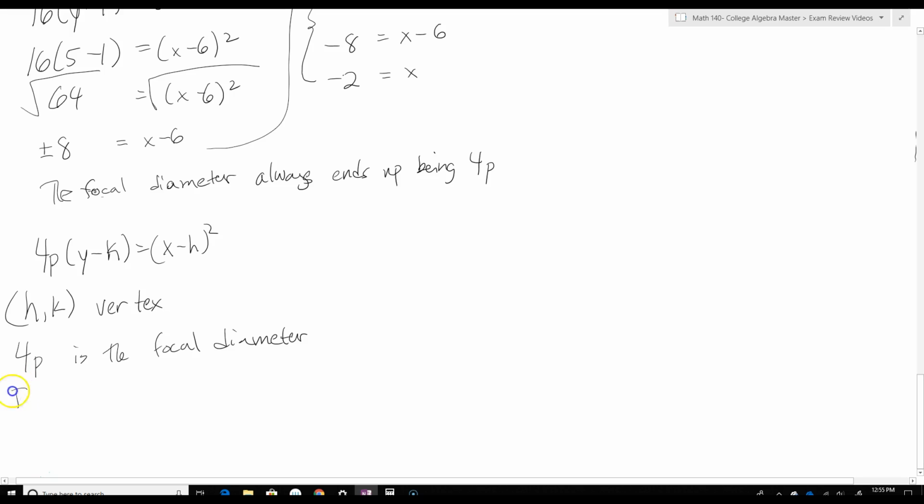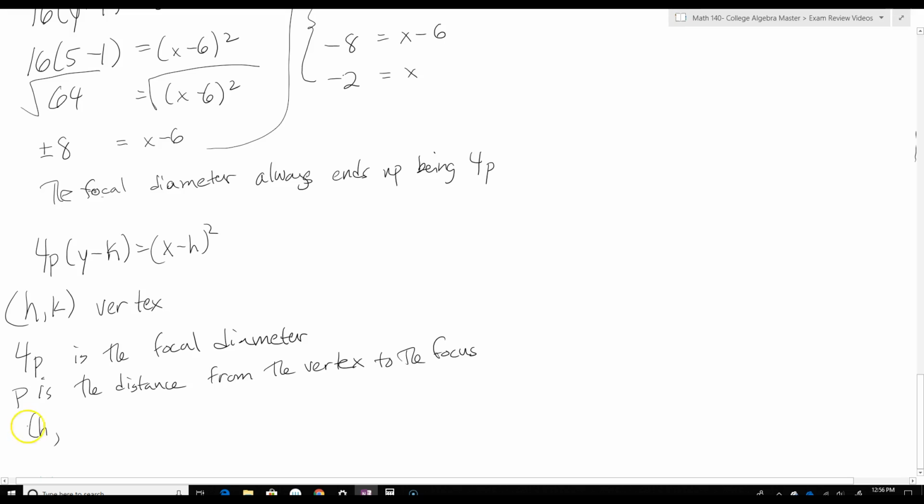All right? P is the distance from the vertex to the focus. And in this case, it's directly above the vertex. So it's going to have the same h value.